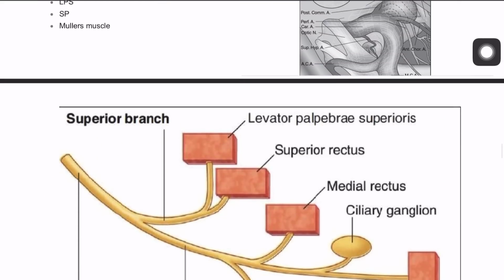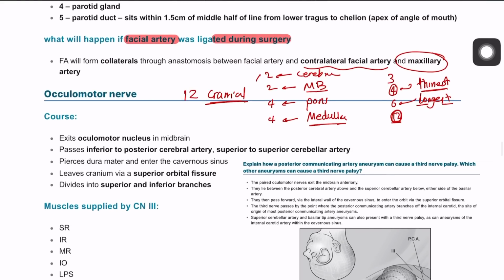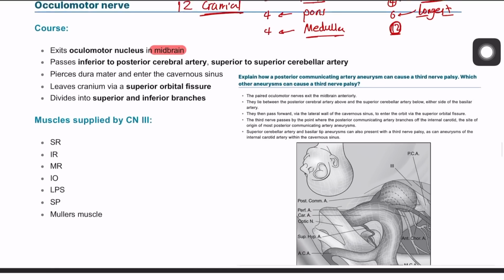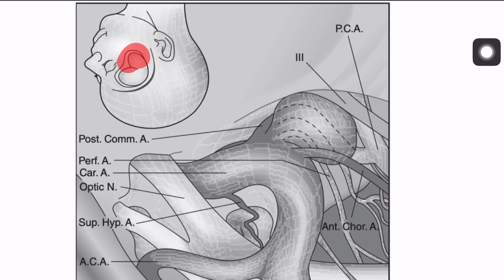We're going to start with the third cranial nerve and its course inside the brain. Like we said, it arises from the midbrain and passes between two arteries. If you look at this diagram, we're looking from here, with the patient lying on the bed on their side.